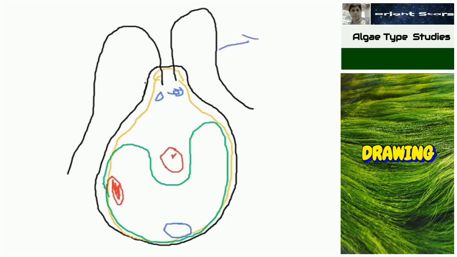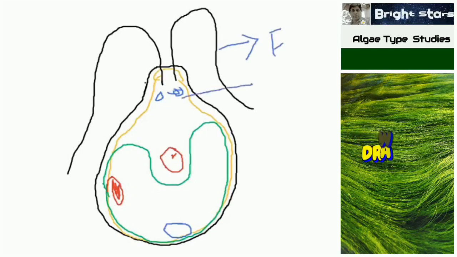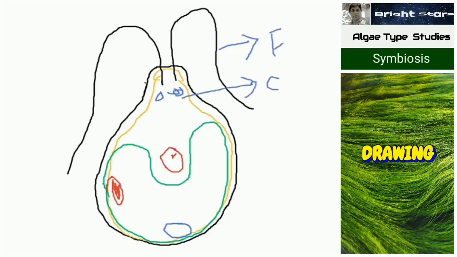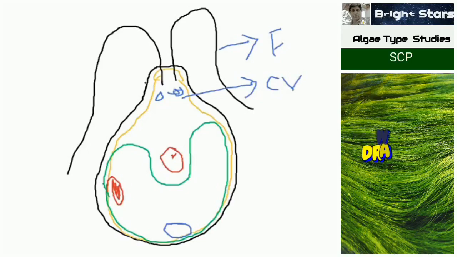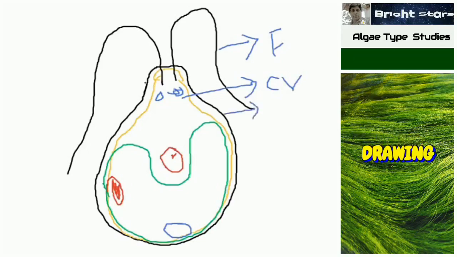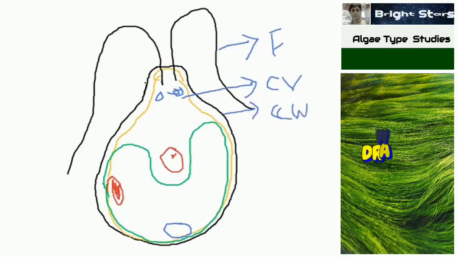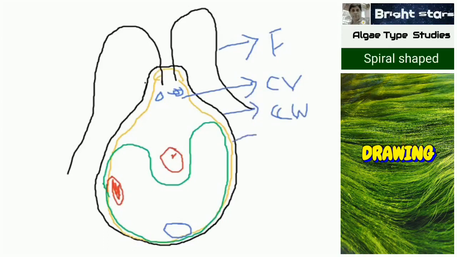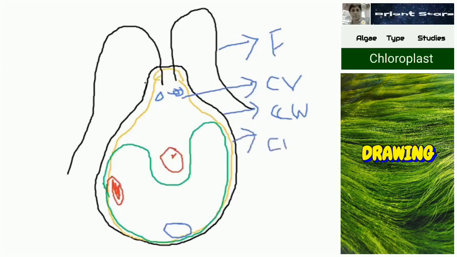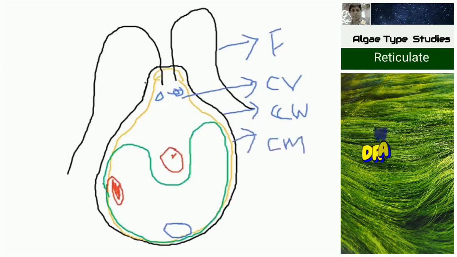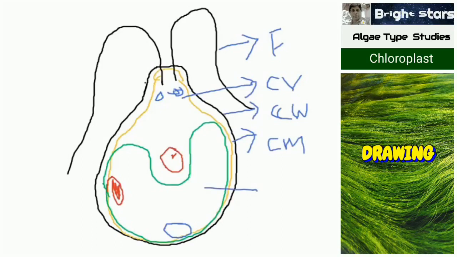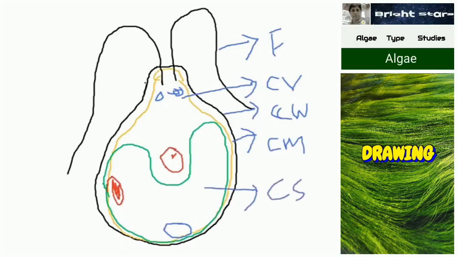We can write F means flagellum, followed by CV means contractile vacuole, followed by CW means cell wall, followed by CM means cell membrane, followed by cup shaped chloroplast.